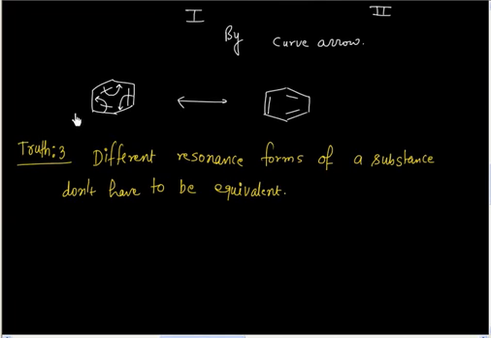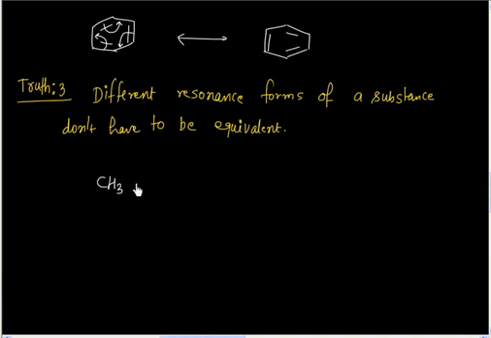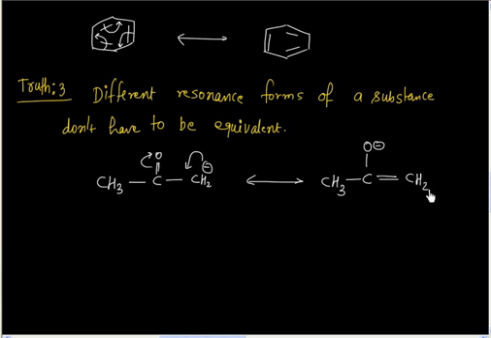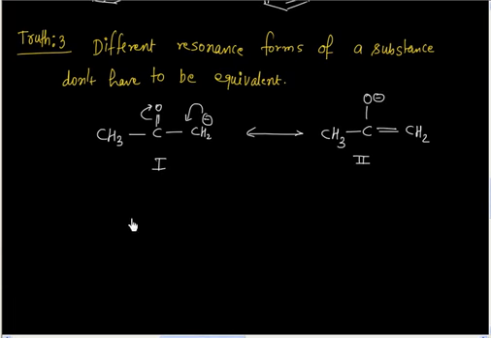For example, this anion has 2 resonating structures. Now these 2 resonating structures are not equivalent. One has a negative charge on carbon and 2 has a negative charge on oxygen.